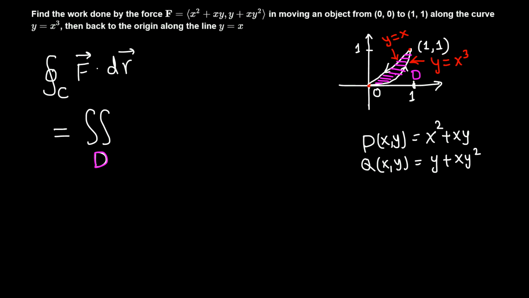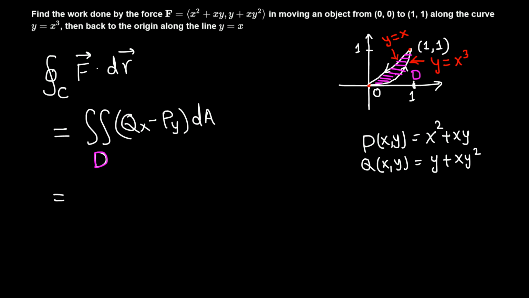And by Green's theorem we get this work done as the double integral over this region D of the partial derivative of Q with respect to x, minus the partial of P with respect to y, with respect to area, which in this case we can find: Qx, the partial derivative of Q with respect to x, and the partial of P with respect to y.